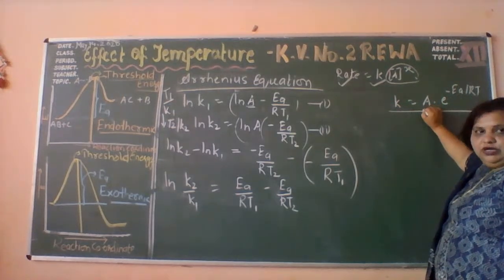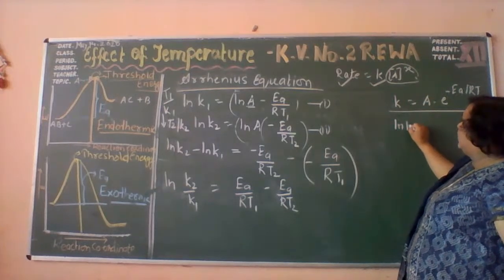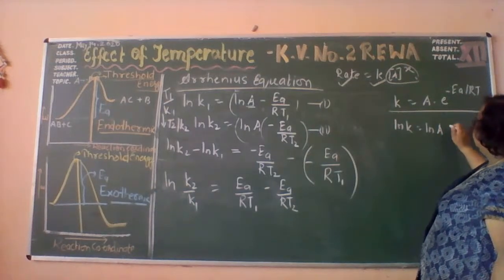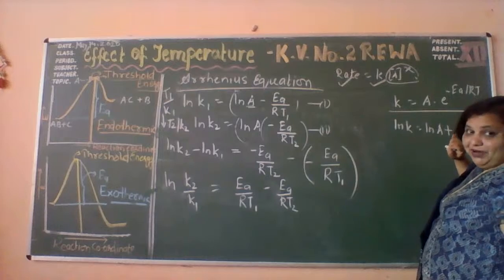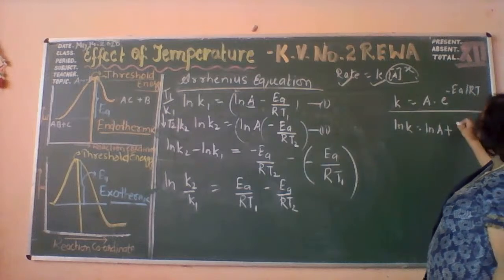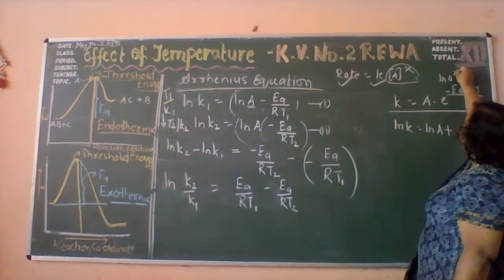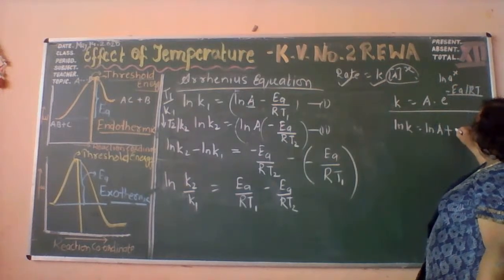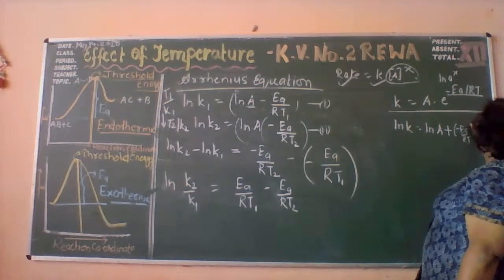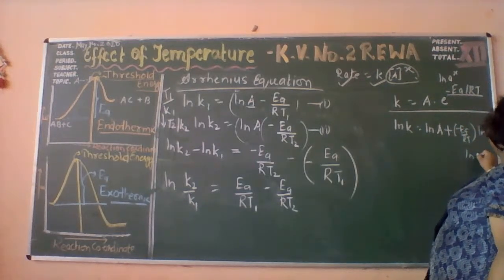I have taken the logarithm, right? And by that logarithm, log K = log A plus log e^(-Ea/RT), since log of A times B is log A plus log B. Since it was a power, log of A to the power x is always x times log A, so it has become minus Ea/RT log e, and log e is always equal to 1.